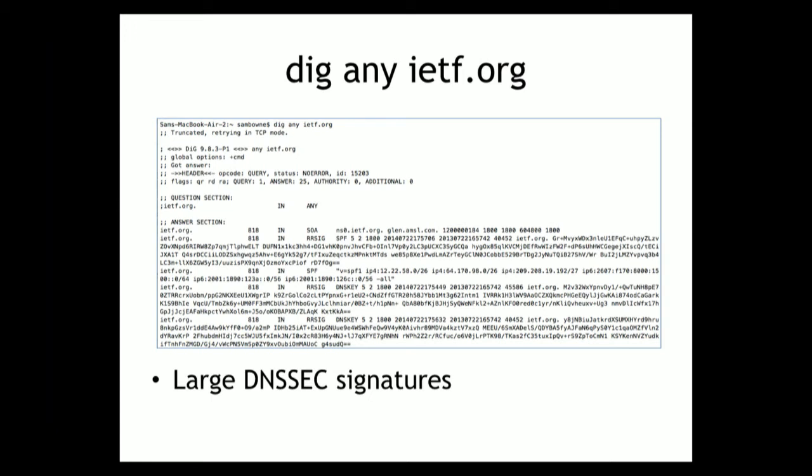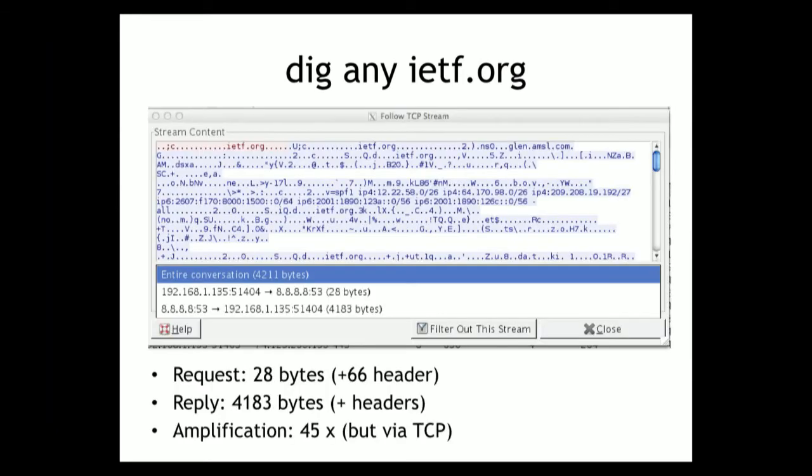They make traffic more secure, but they also make it much bigger. So you get a much larger degree of amplification for sites that are using this security measure. And as you see here, a 28-byte request turns into a 4,000-byte response, so that's 45 times. But it can't deliver that over UDP, so it actually moves via TCP, and therefore is not as easy to use for a packet amplification attack, but it does greatly amplify traffic.